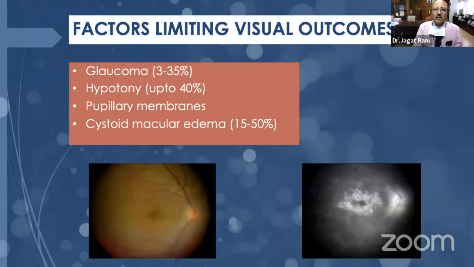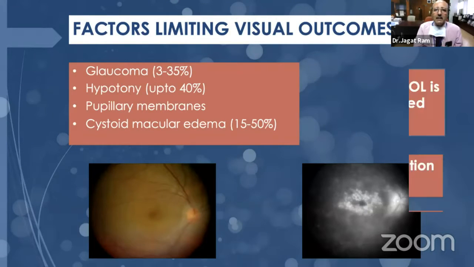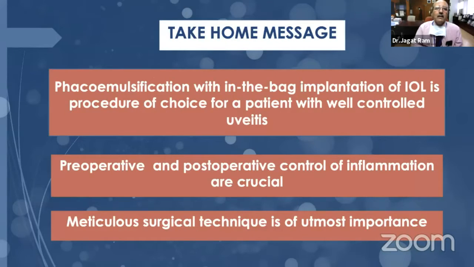Whereas there are several factors limiting the visual outcome, that is glaucoma, hypotony, pupillary membranes, and cystoid macular edema.